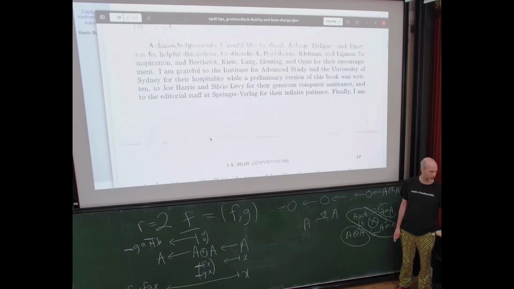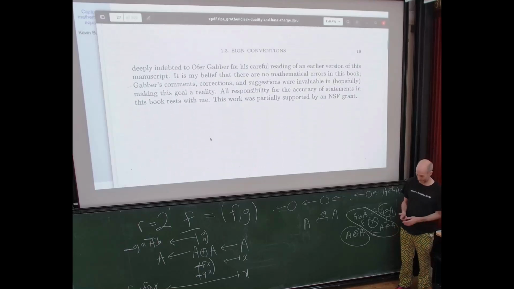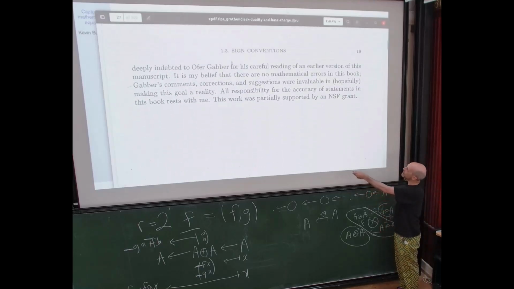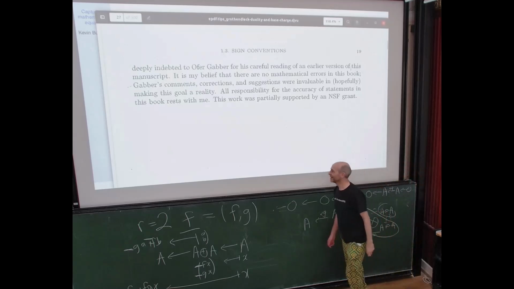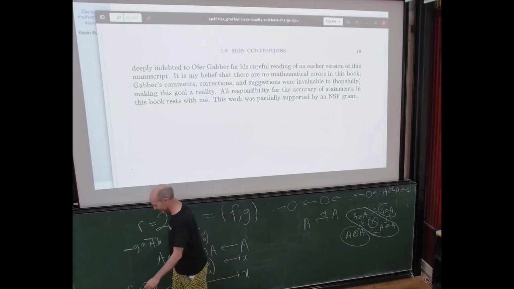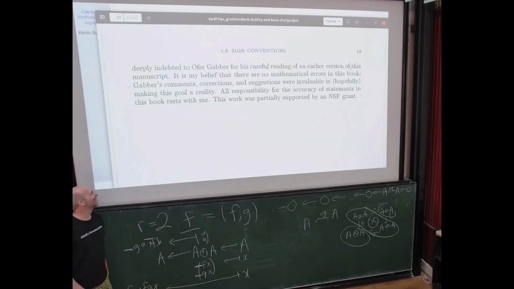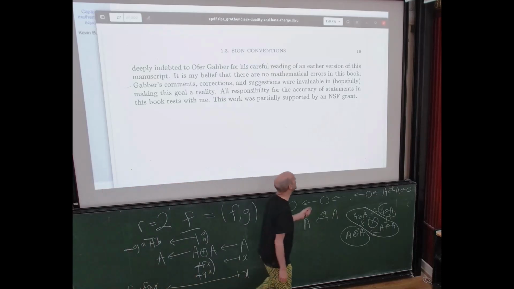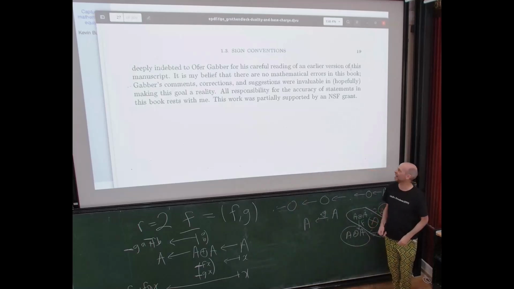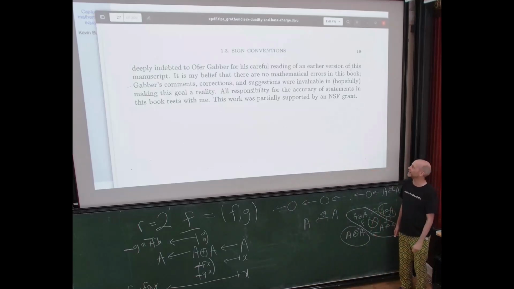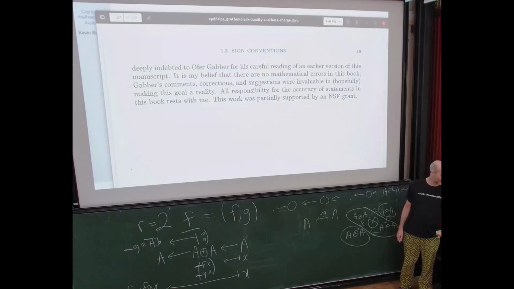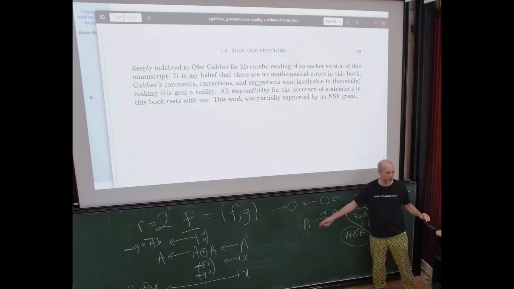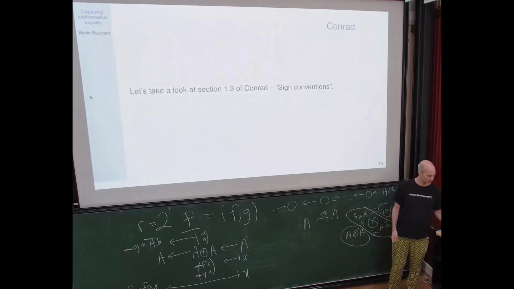So page 17, here we go, acknowledgements. It is my belief that there are no mathematical errors in this book. That's how smart Brian Conrad thinks he is, after a literally 10-page exposition where he explains all the sign choices he's going to take. So there you go. You can't make choices that make everything right.